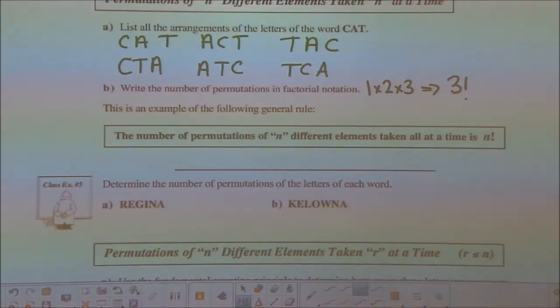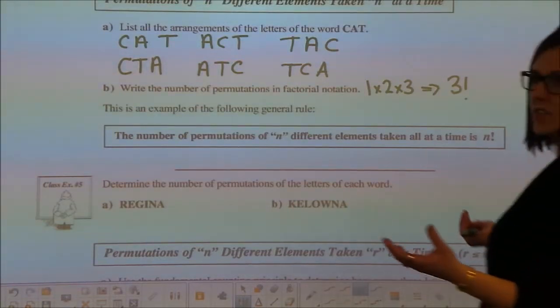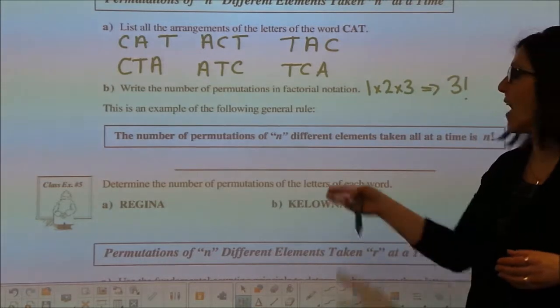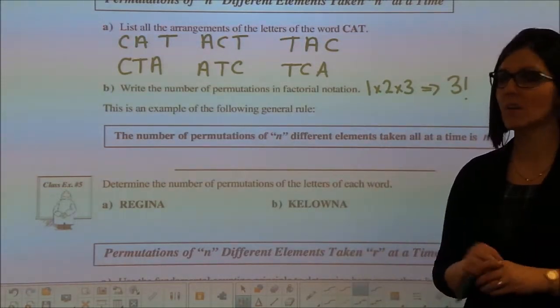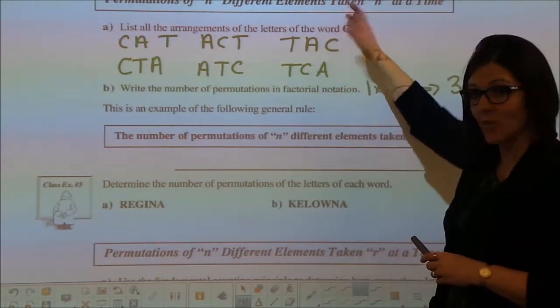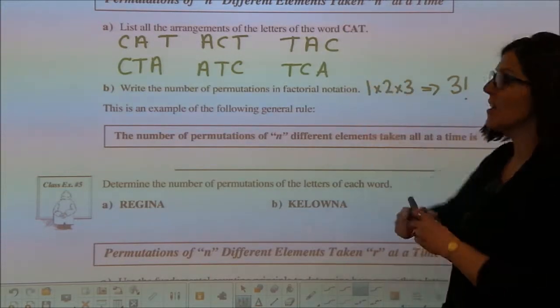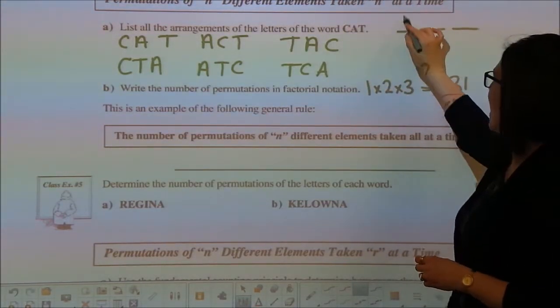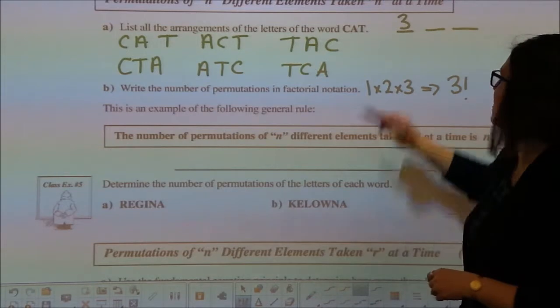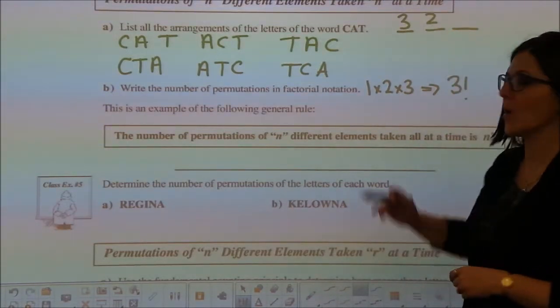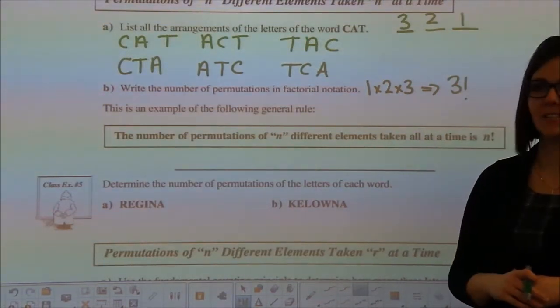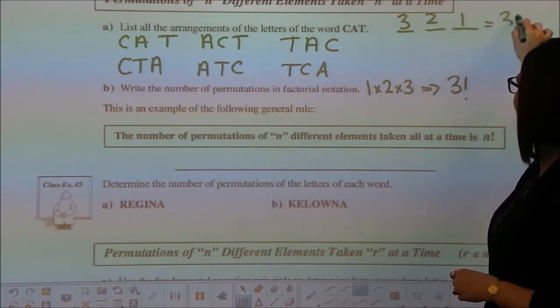So what this means is if I have 7 letters and I'm arranging those 7 letters, the number of arrangements that I have will be the same as 7 factorial. I had 3 letters. I'm rearranging the 3 letters. Fundamental counting principle. I have 3 choices for the first spot, 2 choices for the second spot, and 1 left for the last. That's the same as 3 factorial.